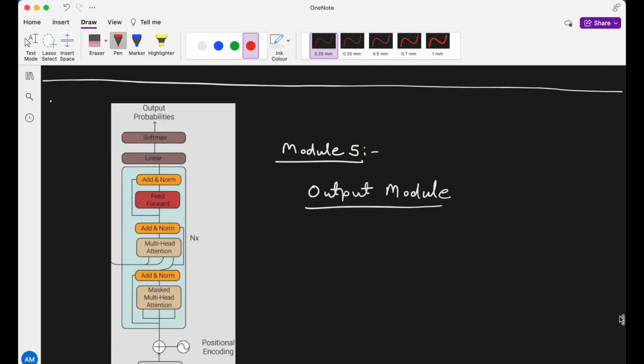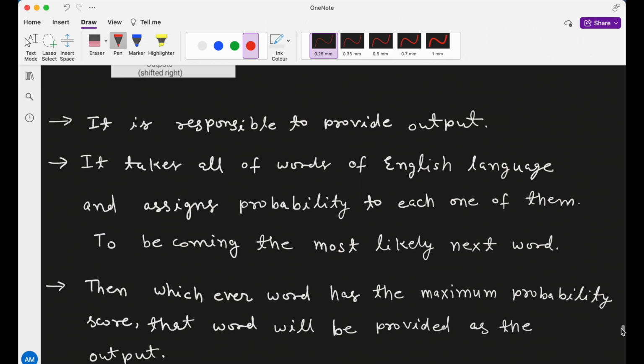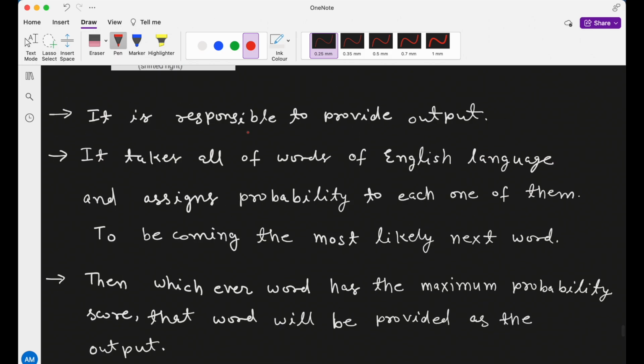Let's now move to the next module, which is the last module: this output module. What is the responsibility of this module? It is responsible for providing the output.